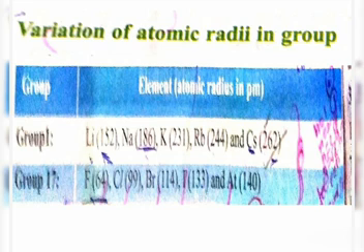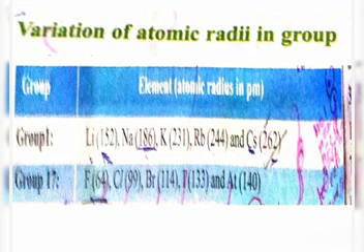Increasing. So in a group, as we move from top to bottom, atomic radii increase. The distance from the nucleus to the last shell is increasing. Why?